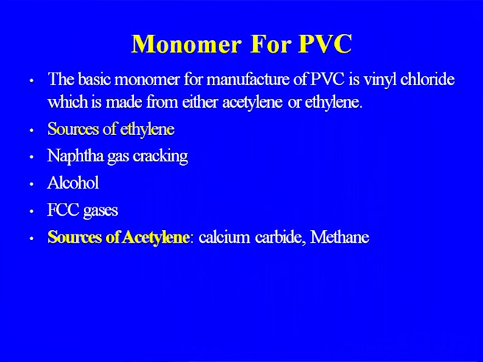The earlier route was acetylene, followed by ethylene from the ethanol, and then after the coming of the cracker plants at Nosel or the IPCL Vadodara, and later the IPCL another unit Gandhar and the Reliance Hazira, these all started making the vinyl chloride through the naphtha route.